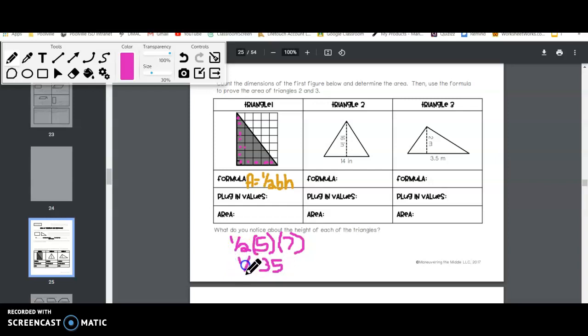And now we're going to multiply it by a half. And multiplying by a half is the same as 35 divided by 2.